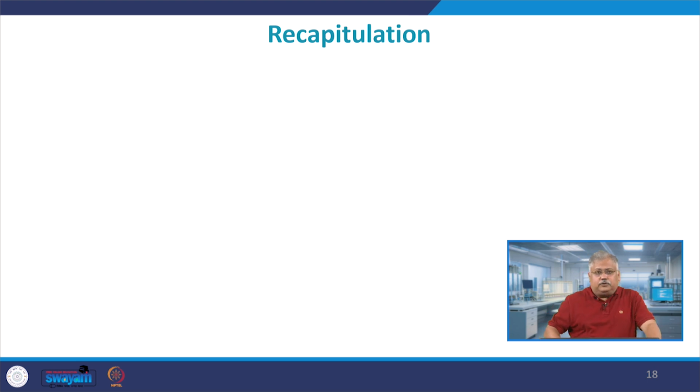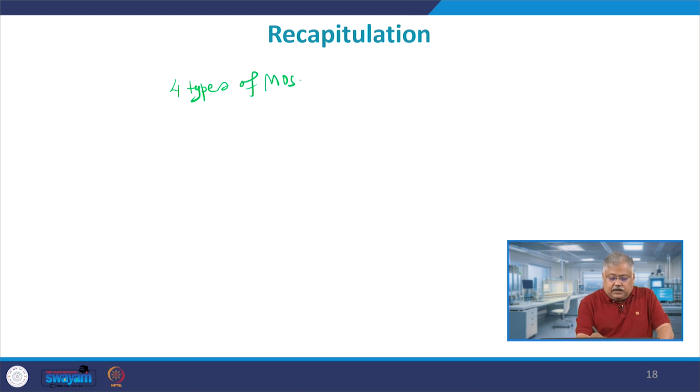So let me recapitulate what we did till now. We did obviously the 4 types of MOSFETs, right? You have N channel or P channel, and within N channel you can have enhancement mode or depletion mode.